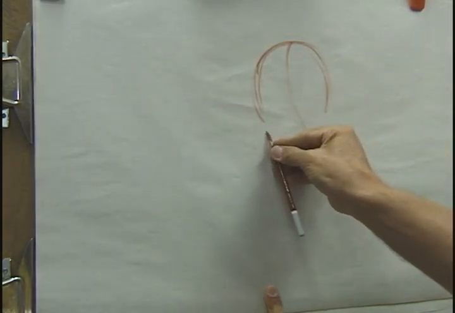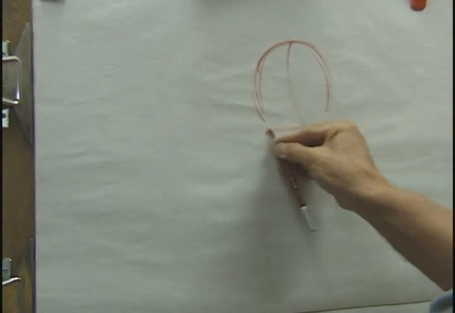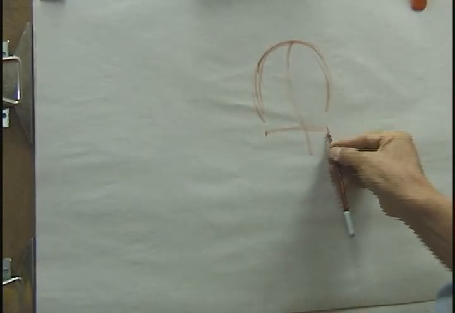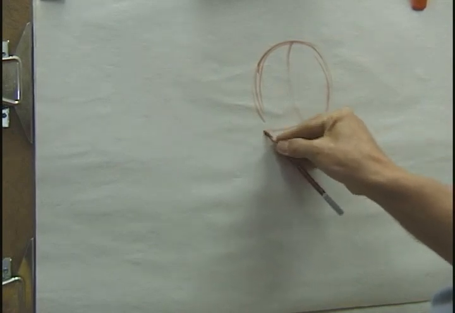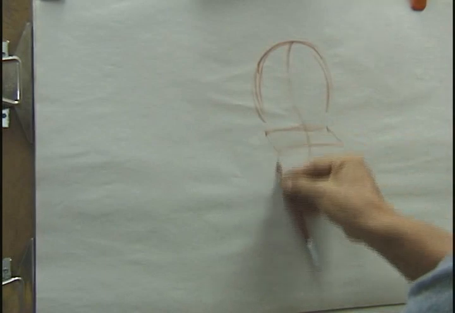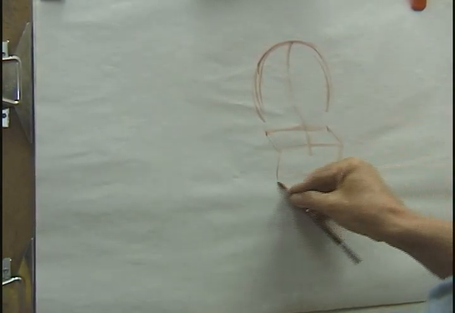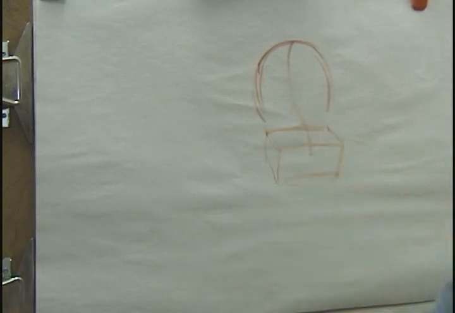Visualize the pelvis, the angle, cross, and the fact that this is definitely a box type form going back in space. You're really seeing this type of thing.